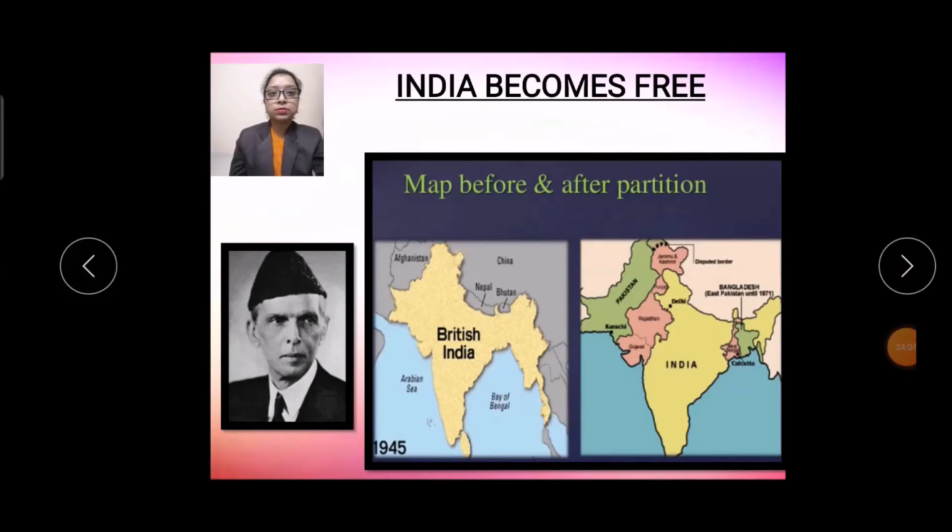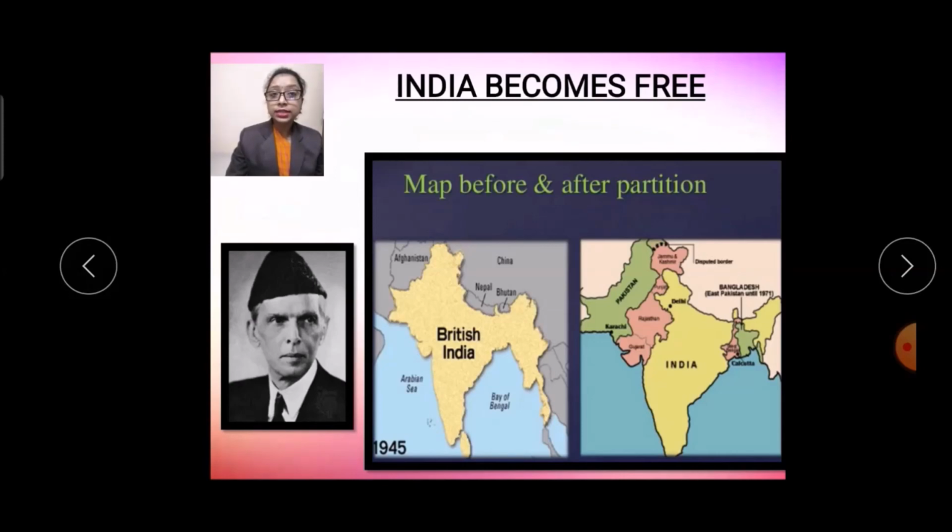So now let's see next, children. This is the next topic, India becomes free. By the time World War II ended in 1945, the British realized that they could no longer keep the Indians in their control. In which year did World War II start? Yes, it started in 1939. And when did World War II end?